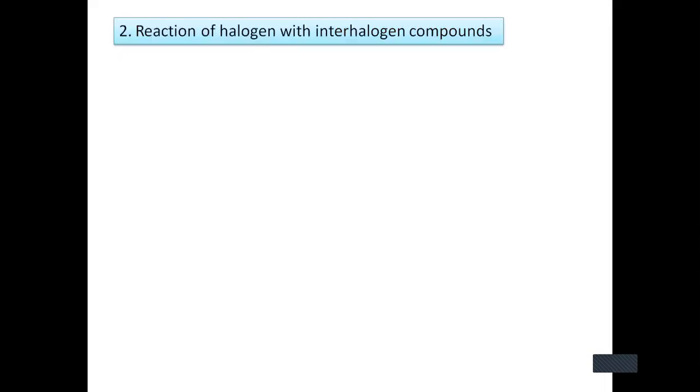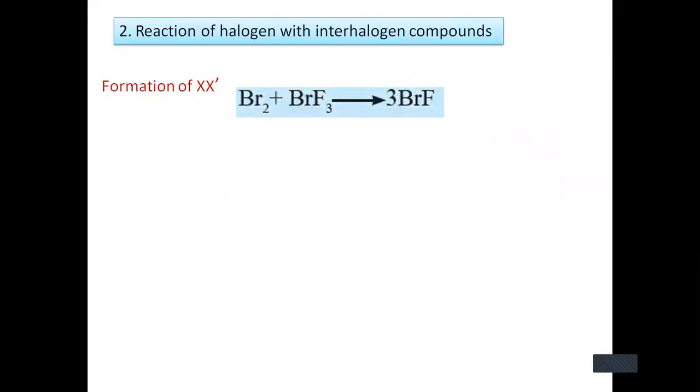The second reaction is when an interhalogen compound is taken as the starting material and combined with a halogen. One most important reaction, for example, is the formation of XY: bromine and bromine trifluoride.